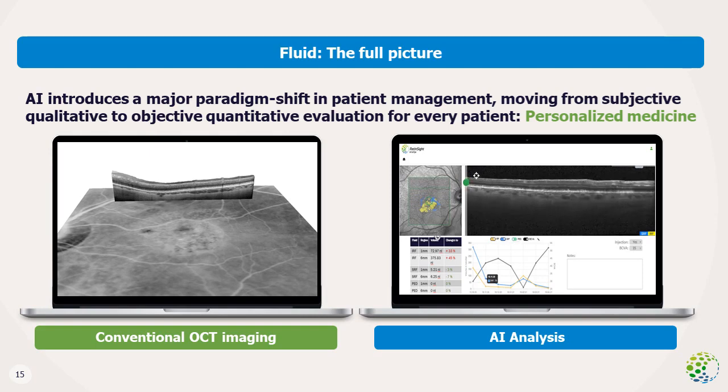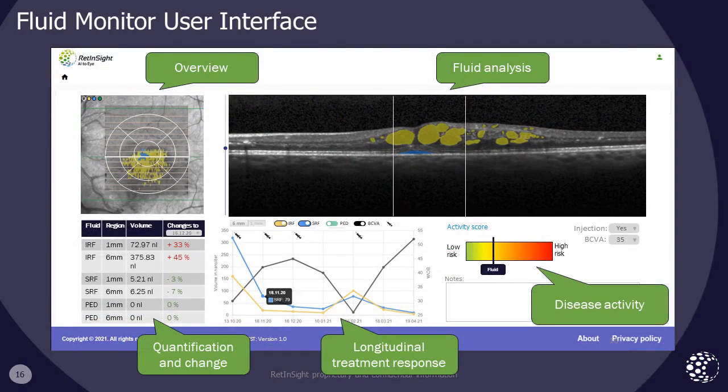Switch on the annotation device. That will give you the distribution of fluid, intraretinal fluid in yellow, subretinal fluid in blue. You can check plausibility and correlations in the fly-through. Then you also receive the fluid amounts in numbers. This is each type of fluid by distribution, 1 and 6 millimeters, and the exact volume in nanoliters.